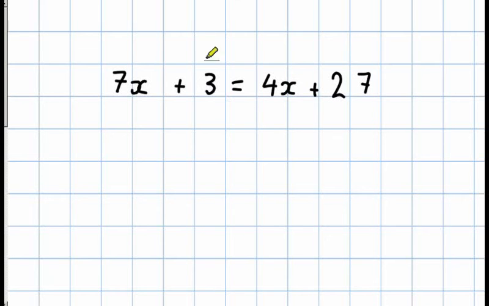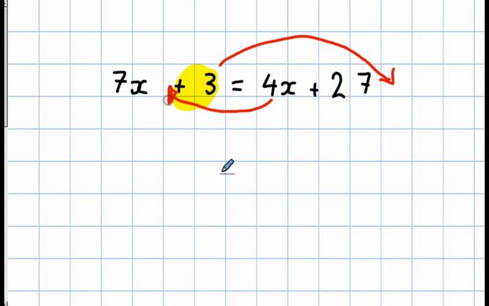Right. Now, I want to look at some of the harder ones, okay? By which I mean we have x's on both sides and numbers on both sides. Here, let's look at one. 7x plus 3 equals 4x plus 27. Now, what we do here is we move the numbers to the right, and they always go to the end of the queue, and we move the letters to the left, and again they go to the end of the queue. So watch what happens when we move the 3 and, at the same time, move the 4x.